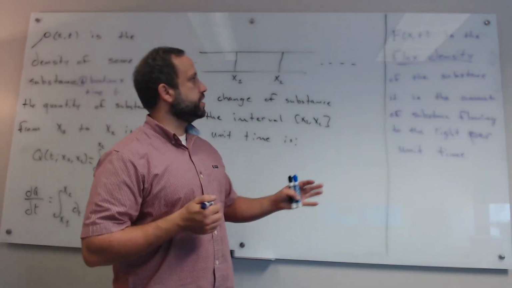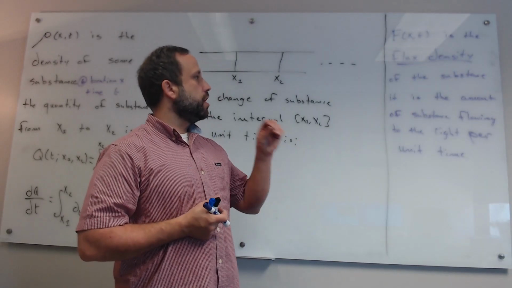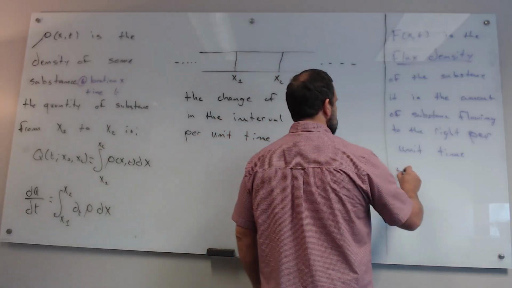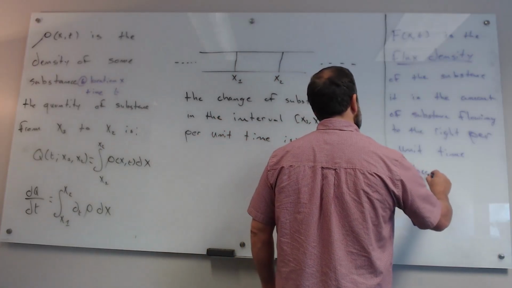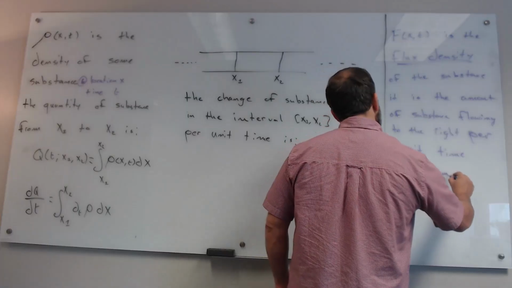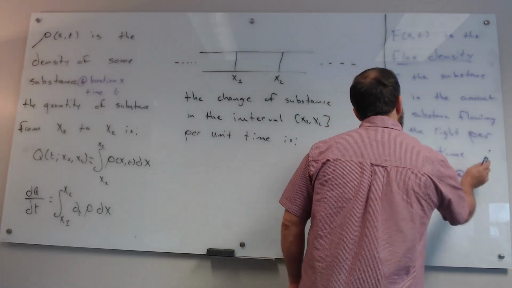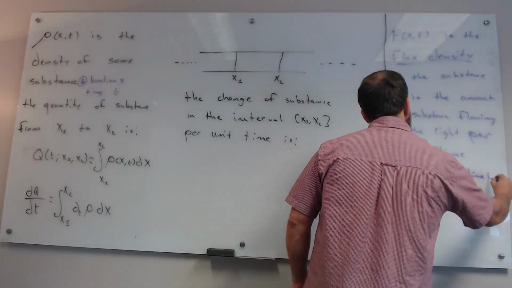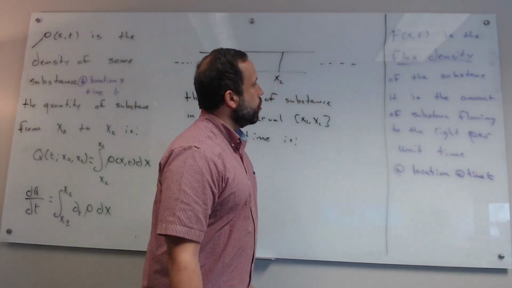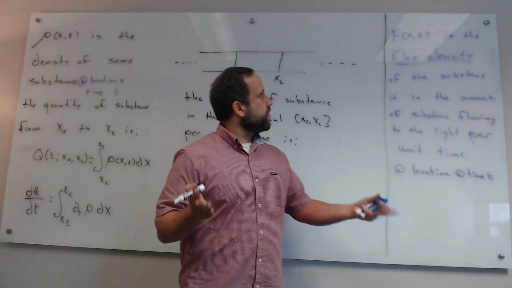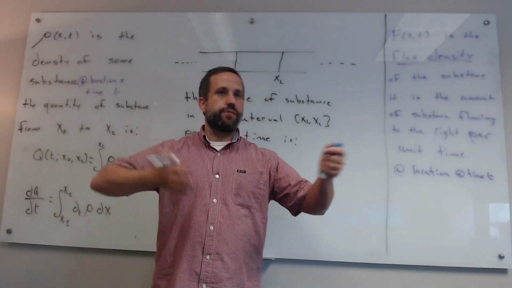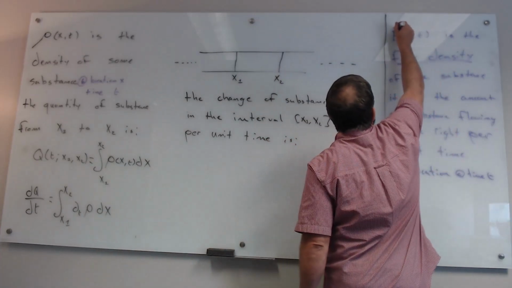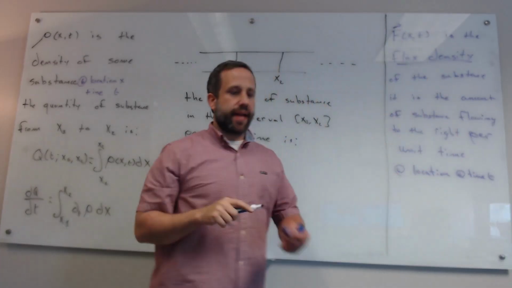So it's the flux density, it's the amount of substance flowing to the right per unit time, and I should say this is going to be at location x and at time t. Okay, and even though it's a scalar value, like f of x, t is a scalar, it's 7, it's -5, whatever it is, I like to draw an arrow over it to make us think of it like a vector.